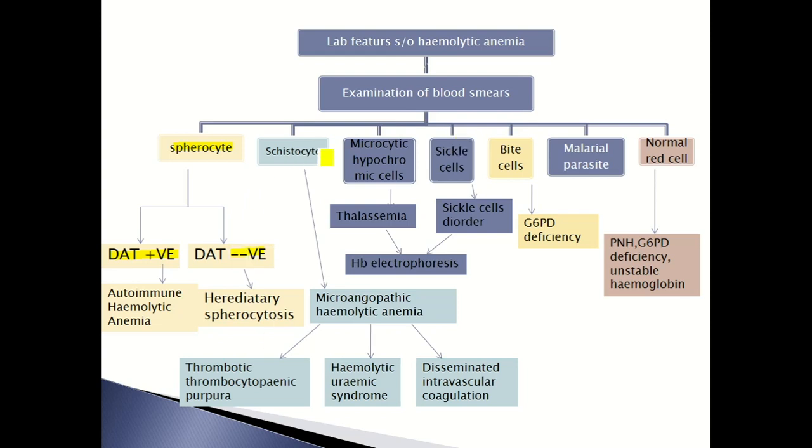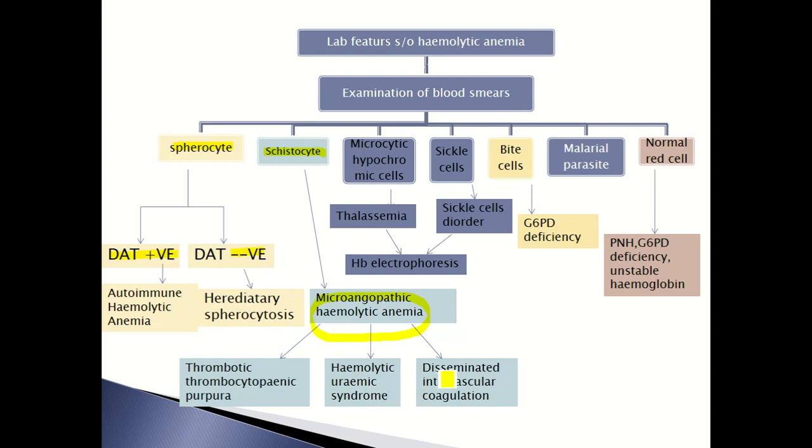The second cells commonly observed on peripheral smear are schistocytes, which are fragmented, abnormally shaped RBCs. Think about microangiopathic hemolytic anemia, which includes three groups of disorders: TTP, thrombotic thrombocytopenic purpura; HUS, hemolytic uremic syndrome; and DIC, disseminated intravascular coagulation.